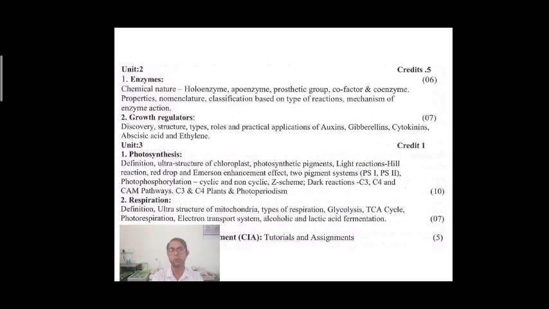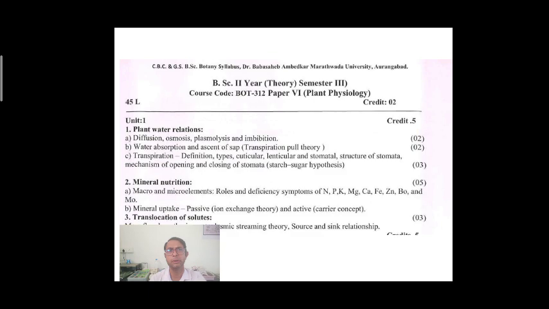So how the process of respiration is carried out, we are going to discuss in unit number 3 under the topic respiration. In the upcoming lecture we are going to start unit number 1, and in unit number 1 we are going to discuss plant water relations.